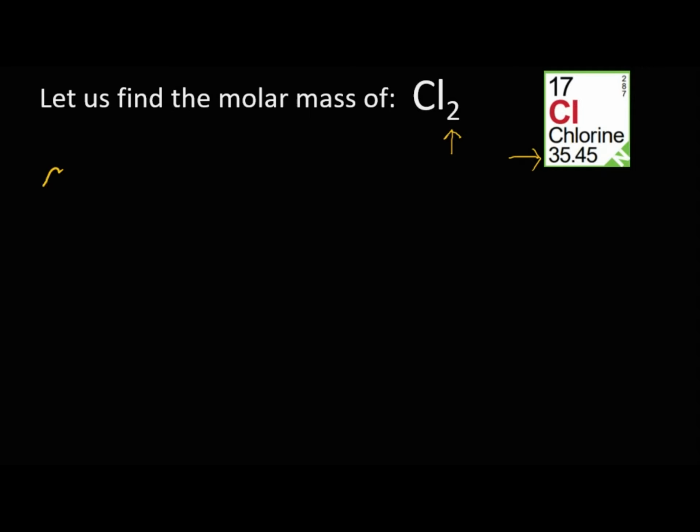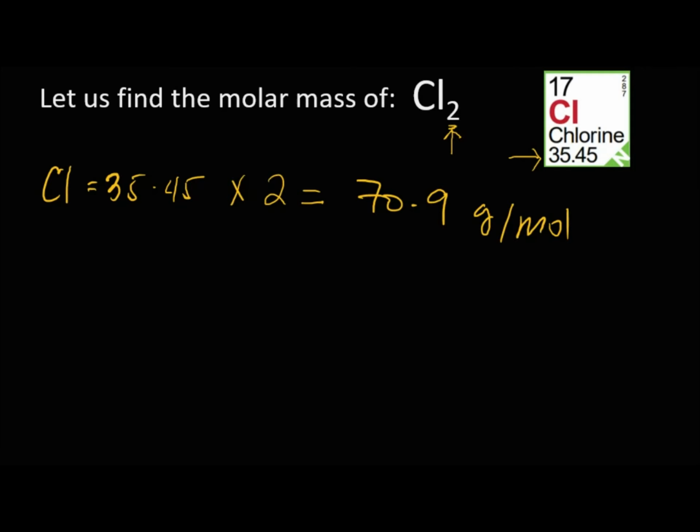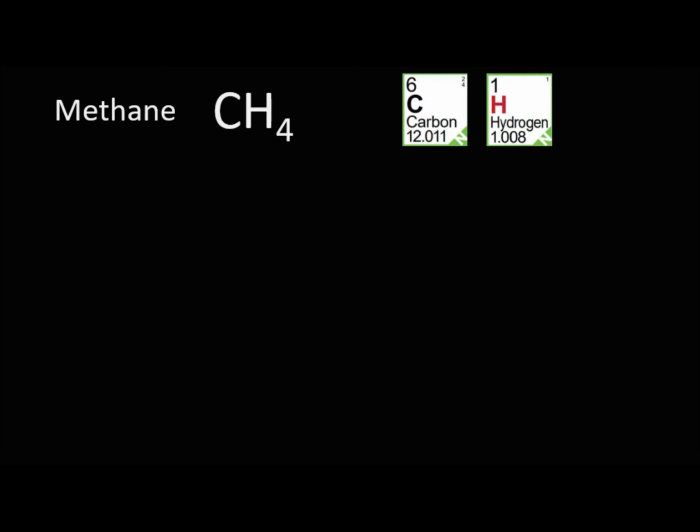So let's write it down. The element given is chlorine. The atomic weight is 35.45 times the number of chlorine, which is 2, and that will give us 70.9 grams per mole.